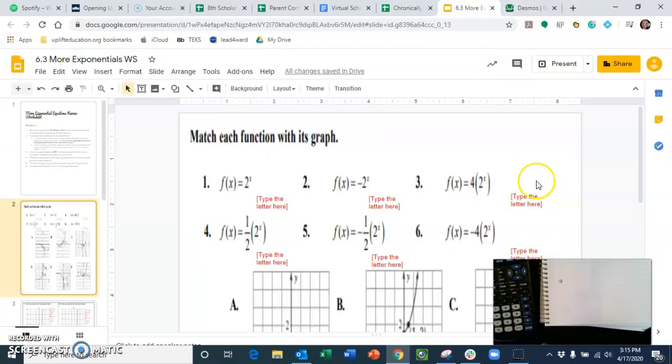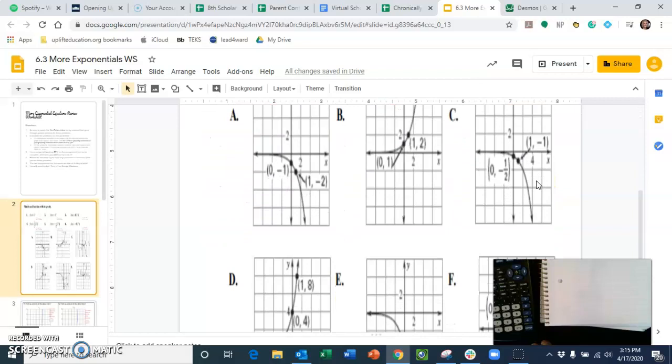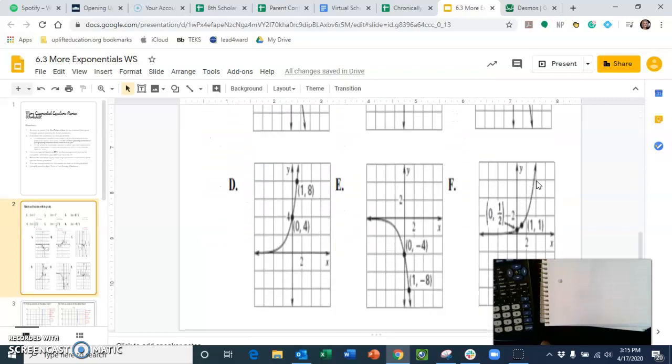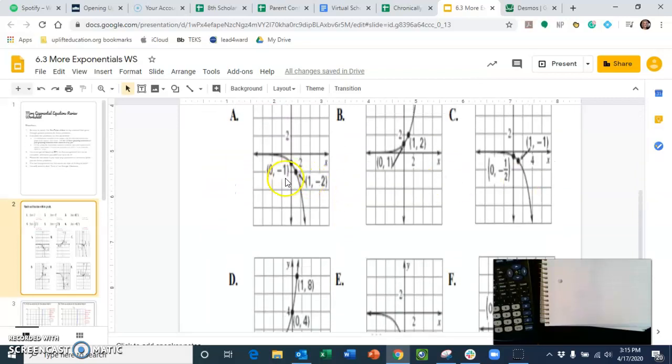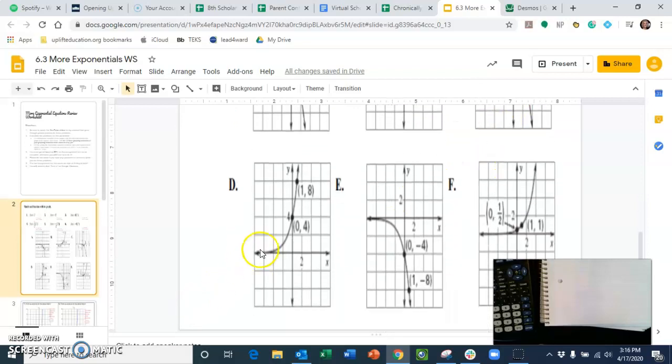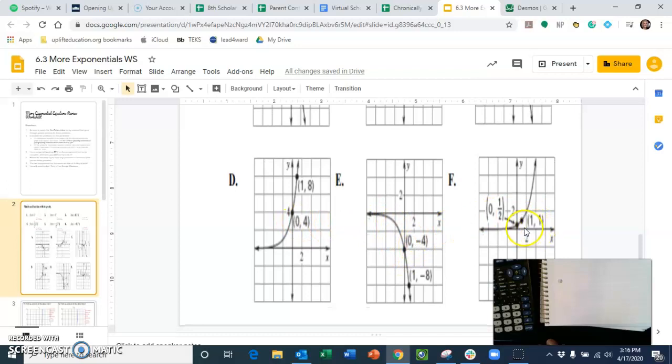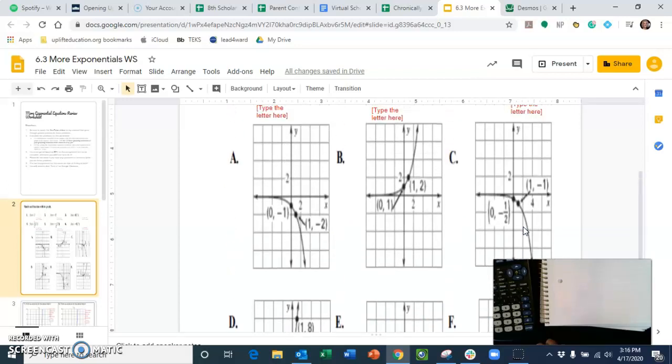Let's take a look at these graphs down here. Which one has a y-intercept at 0, 1? Not A, that's at 0, -1. B is at 0, 1. C is at 0, -1/2. D is at 0, 4. 0, -4, 0, 1/2. Our correct answer is B. And we can also double check the second point right here.